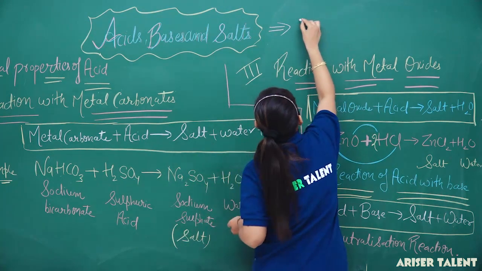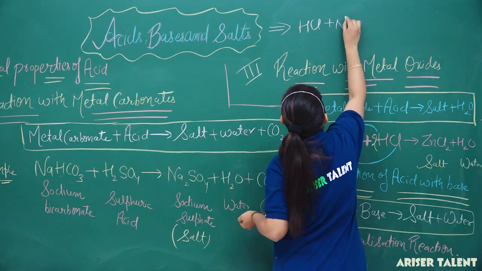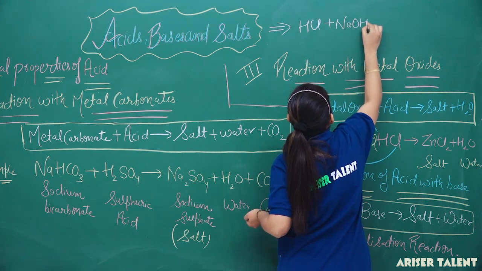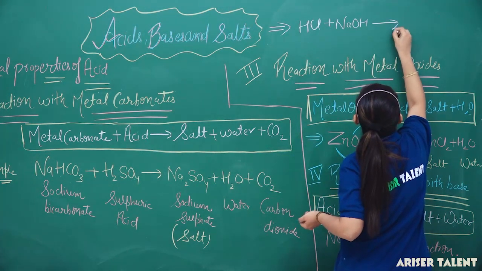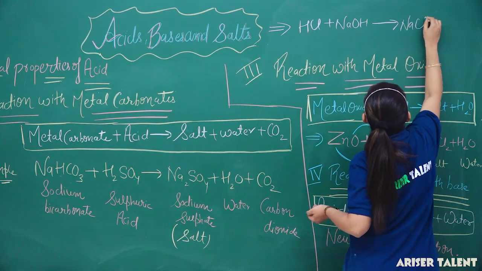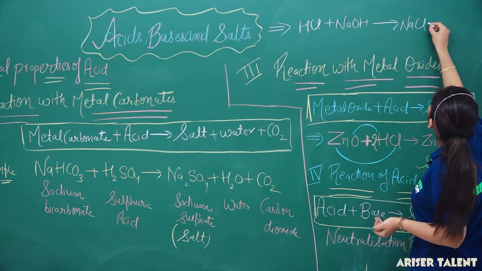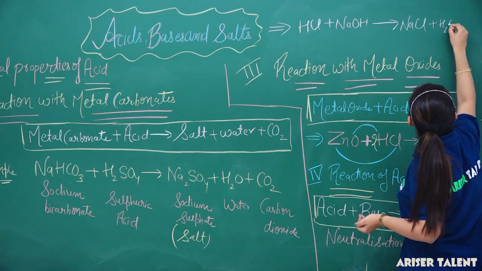Firstly, I am taking acid, that is HCl, and I am taking one base, that is NaOH. What I will get in the product side? Na will react with Cl to give NaCl, and OH will form a bond with hydrogen, and we will get H2O in the product side.